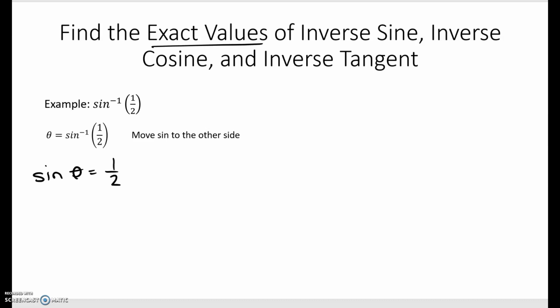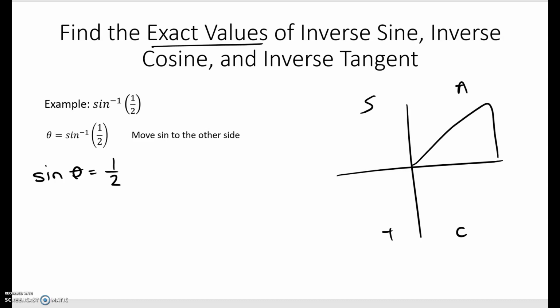So what I'm looking for here are the angles. If I've got a 1 and a 2, well, number one, the 1/2 is positive, so sine could be, going back to All Students Take Calculus, defined in quadrant 1 or 2, because sine is positive in both quadrant 1 and quadrant 2.